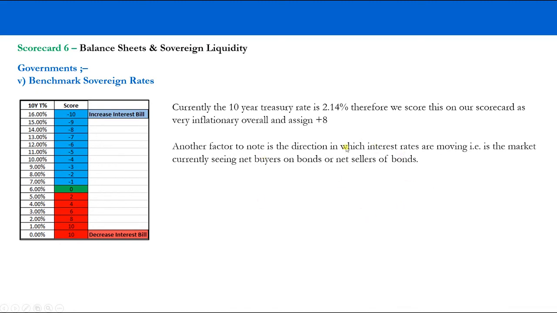So we have net sellers of bonds creating higher rates and lower scores, so a higher deflationary threat, driven by an increase in the interest bill, and a lower deflationary threat, or inflation, driven by a decreasing interest bill. So we have to look at this objectively again.